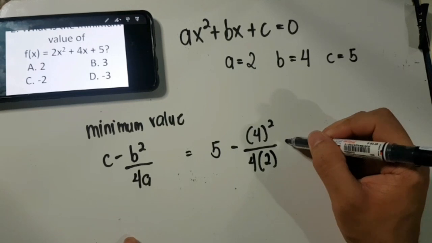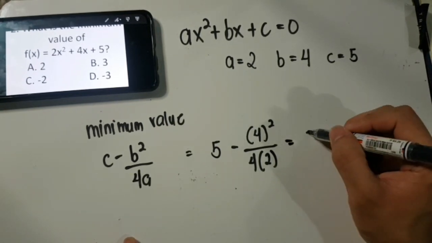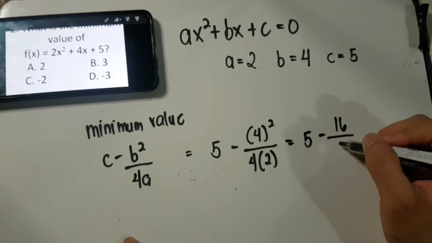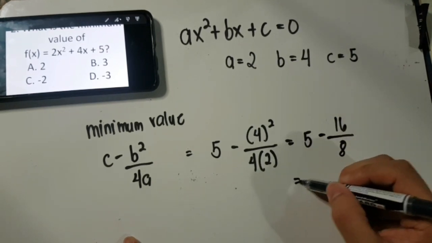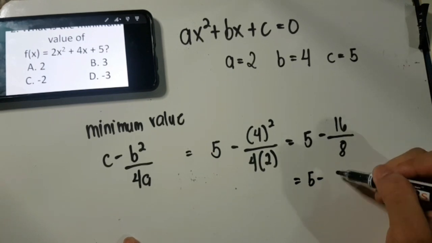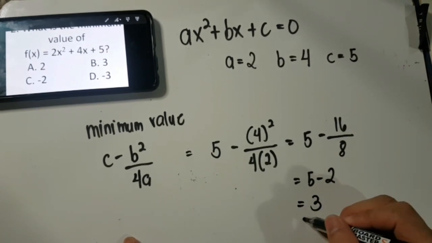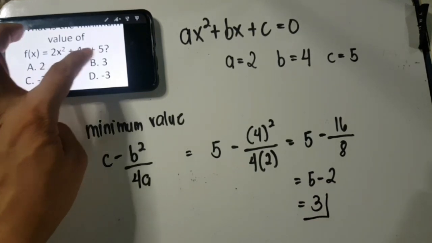So, 5 minus 4 squared is 16. 4 times 2 is 8. So, 5 minus 16 divided by 8, that is 2. So, answer here is 3. So, minimum value natin is 3.